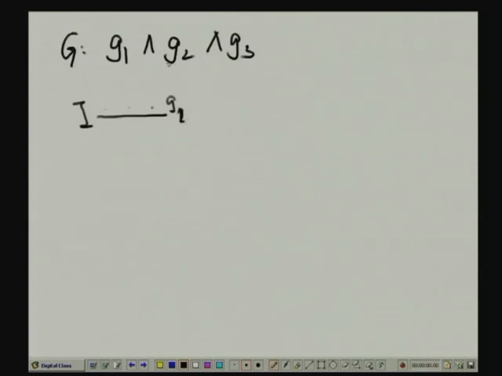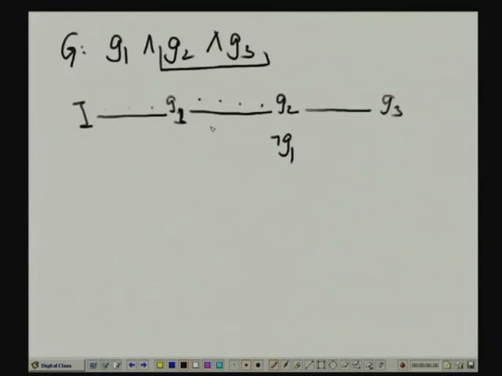Now, the agent tries to satisfy the rest of the goals, G2 and G3, but while the agent finds a plan to satisfy G2, it may happen that in this state G1 does not hold. So, achieving G2 may undo the effect of achieving G1, right. So, we have to be careful that while achieving the goals in sequence, the previous goals are not undone.